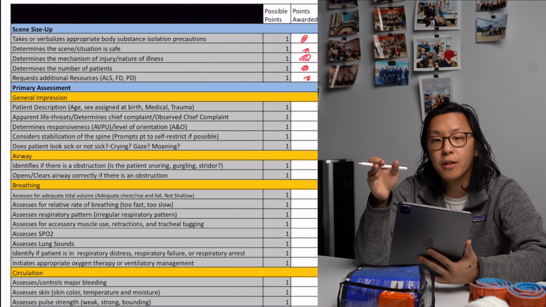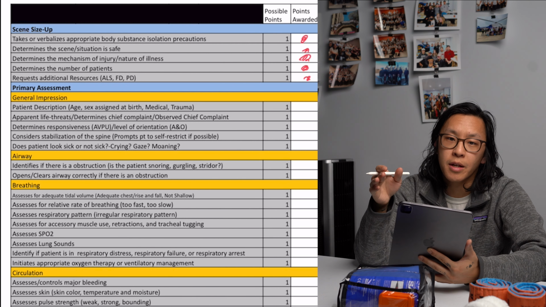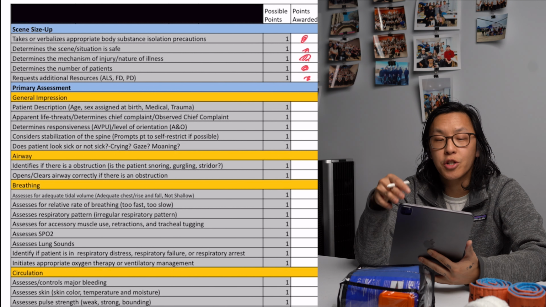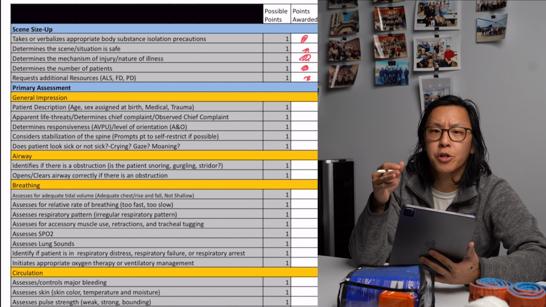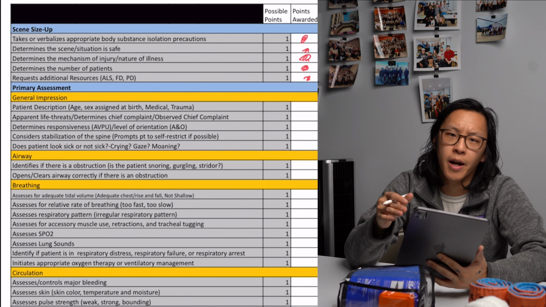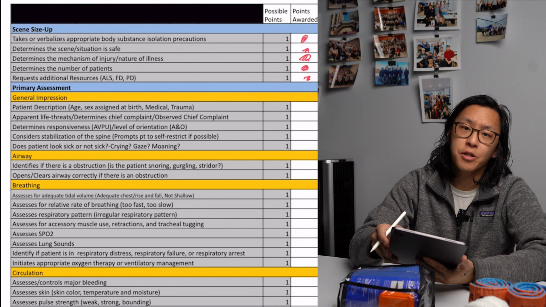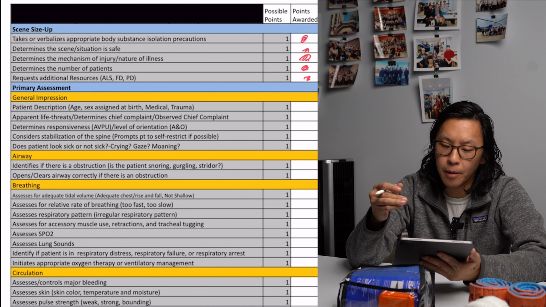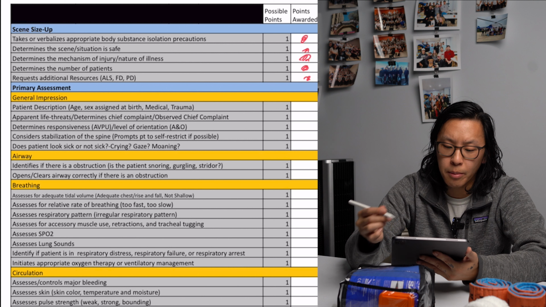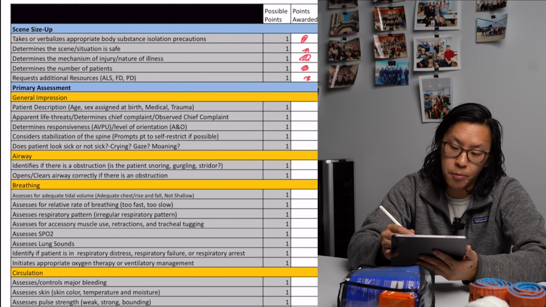Now we're going to move on to what we call the primary assessment, which includes forming a general impression as well as the ABCs. When we form a general impression, the main question I want you to ask yourself is, is the patient sick or not sick? That's determined by their presentation. First of all, are you able to get a description of the patient?